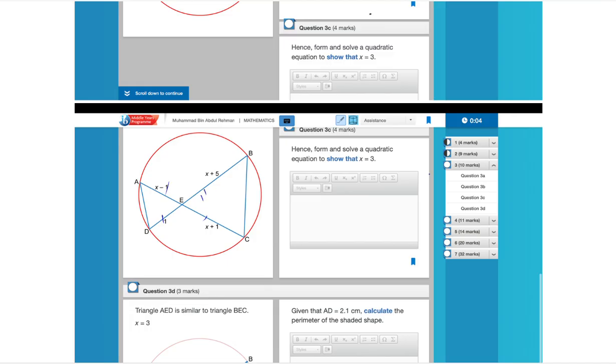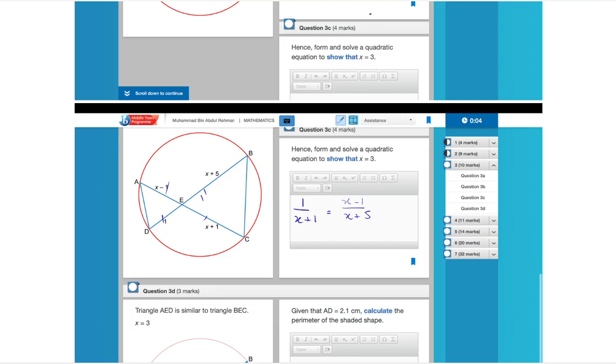So I can definitely mention this idea that 1 over x plus 1 equals x minus 1 over x plus 5, right?